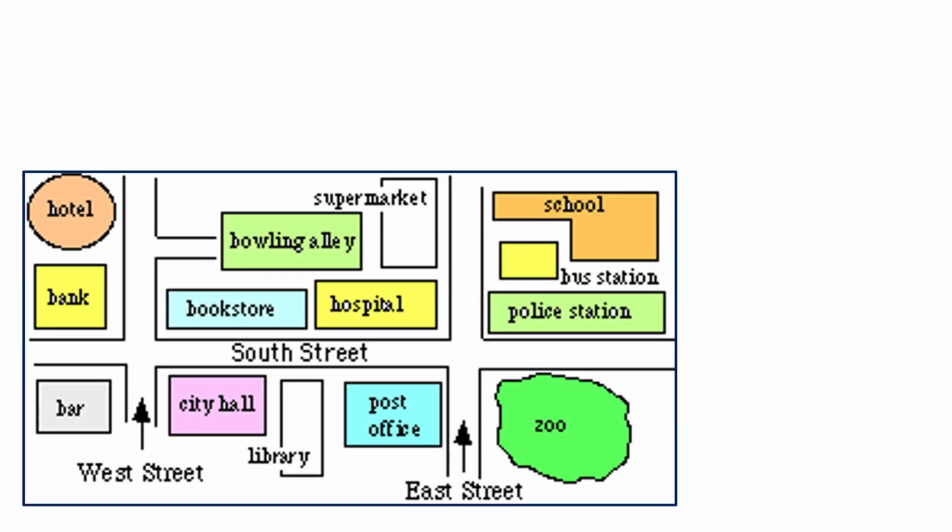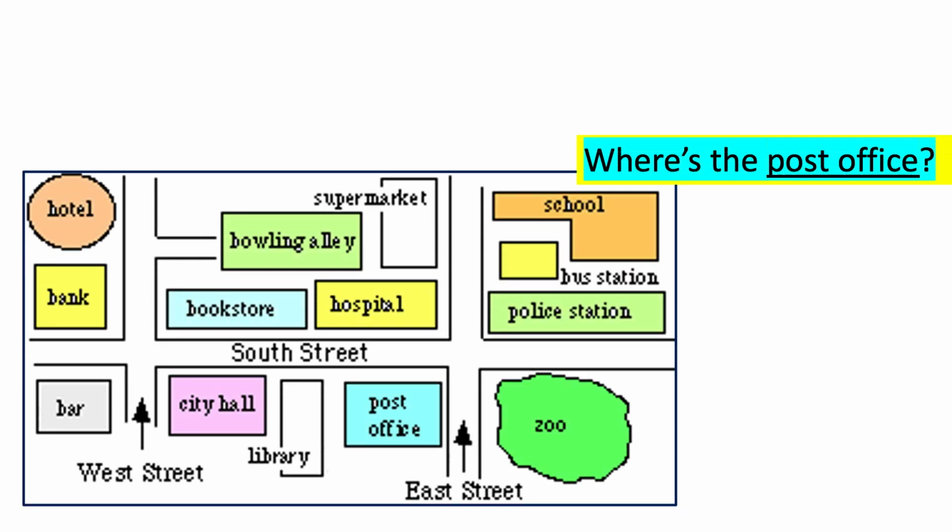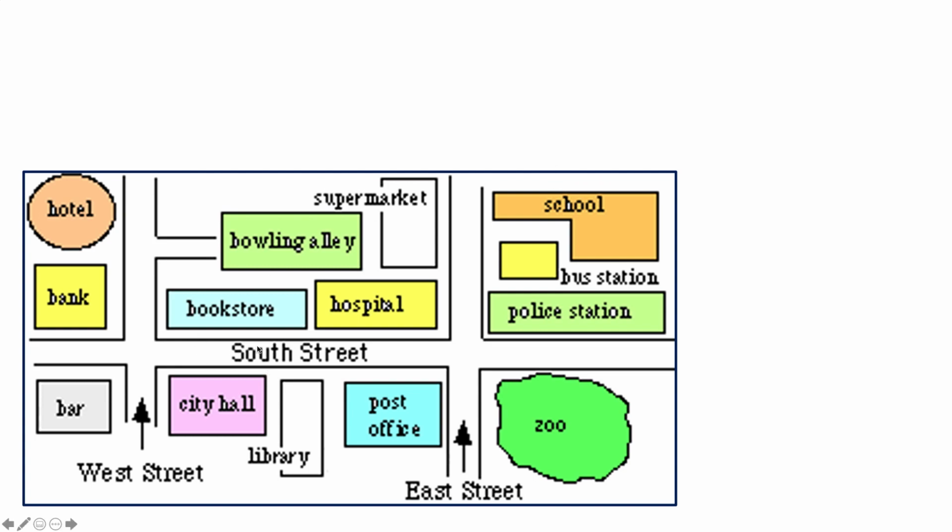If you look at this map, there's a map with different places in it, like the hotel, the bank, the bowling alley, the bookstore, school, police station, post office, city hall, and bar, for example. And there you can see that all those different places have been located in different positions.